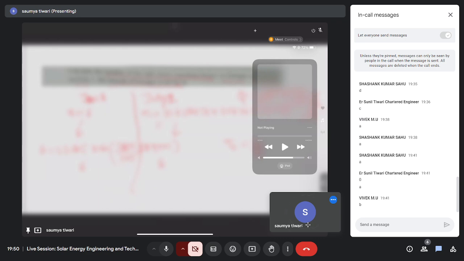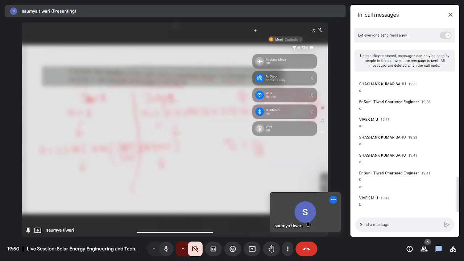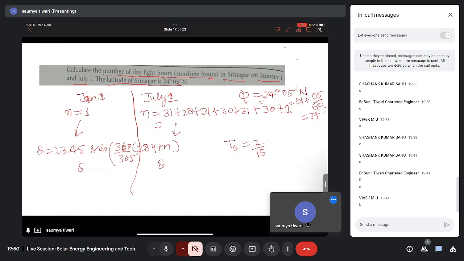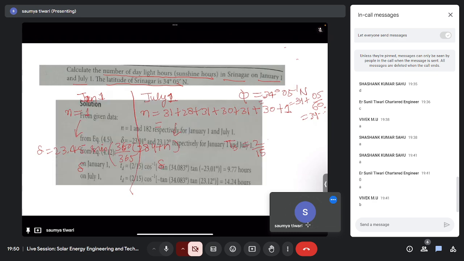I don't know if you can see or not, I have written that delta for January 1 will be minus 23.01, and for July 1 will be 23.12.